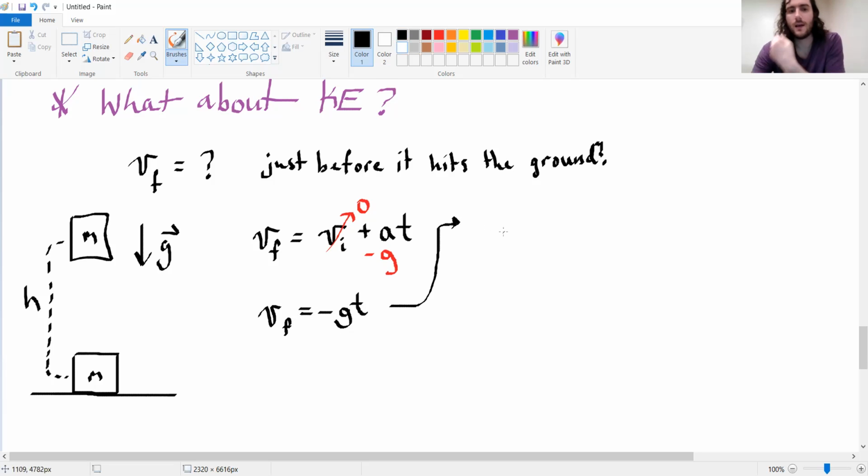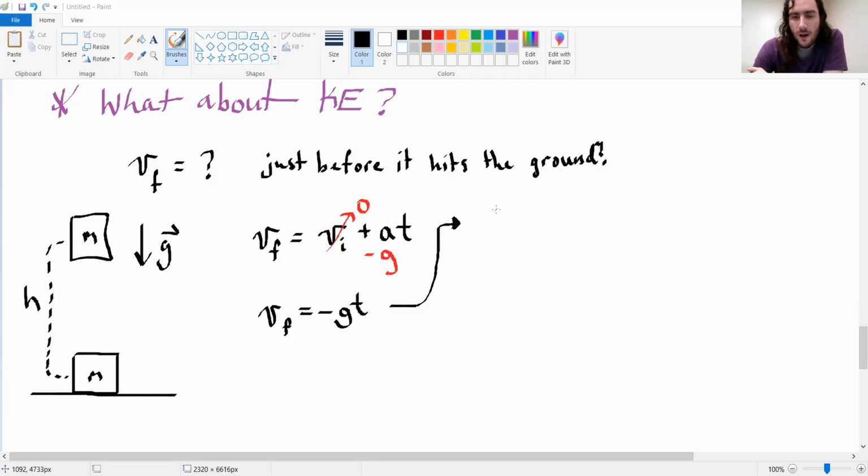And so the final velocity here is equal to minus gt. The next thing we need to do is figure out how long it takes for this object to fall. I need to close some of these extra boxes so I can use the space over here. Okay, so how long is it going to fall?